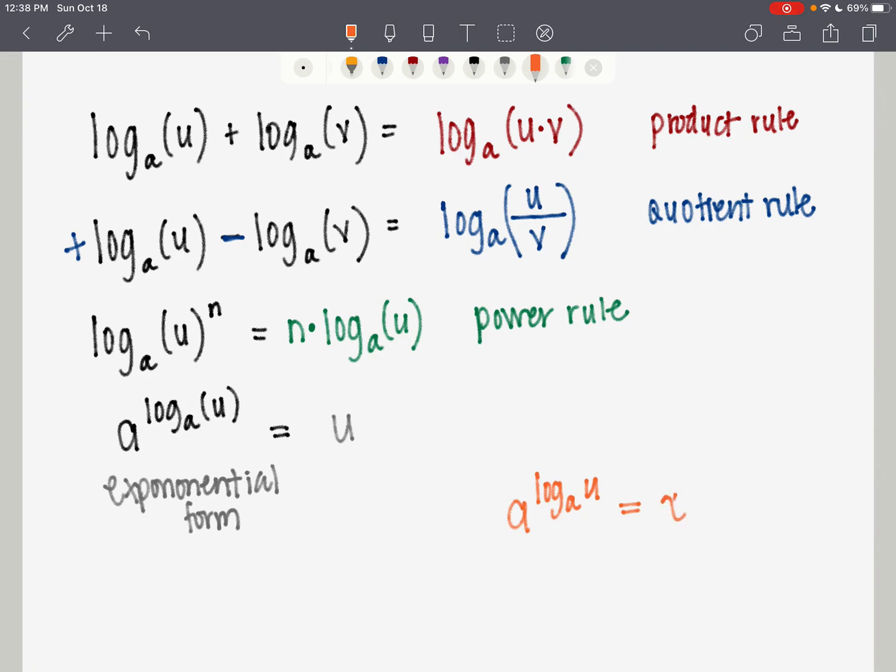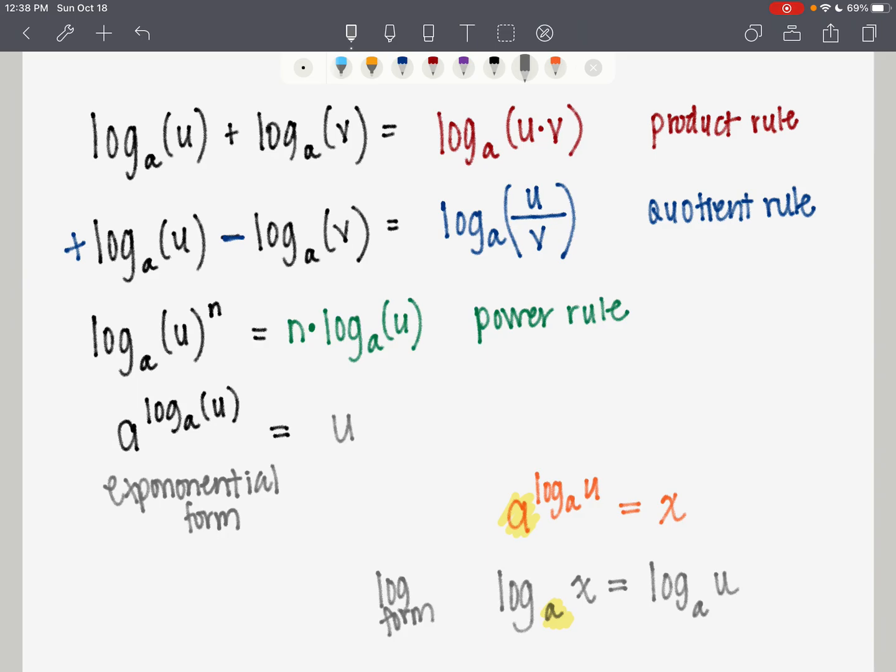And I'm not sure what that is, so I'm going to call it x for right now. I'm going to rewrite this in log form. When I write this in log form, I write log base a, so this base becomes the base of the logarithm, of x is equal to the exponent log base a of u.